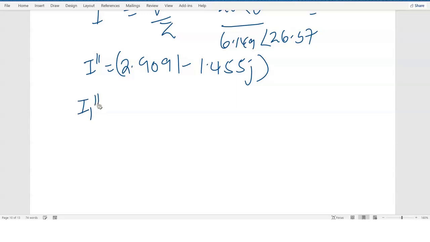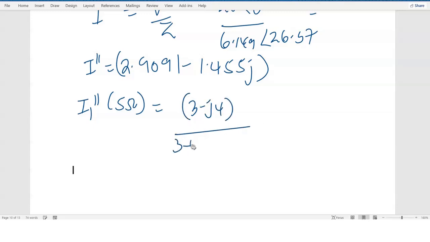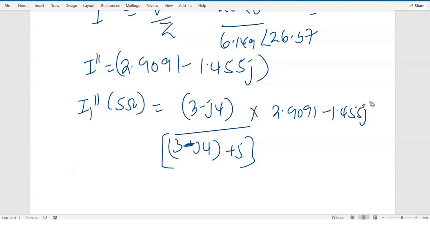The I1, which is going through the 5 ohms resistor, is of course in parallel with the 3 minus j4, so it will be (3 minus j4) divided by (3 minus j4 plus 5). So I multiply by the total current, which is 2.9091 minus 1.455j.